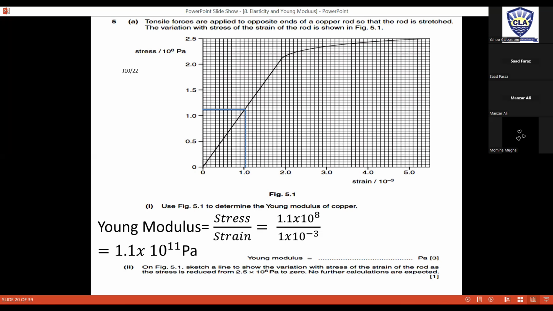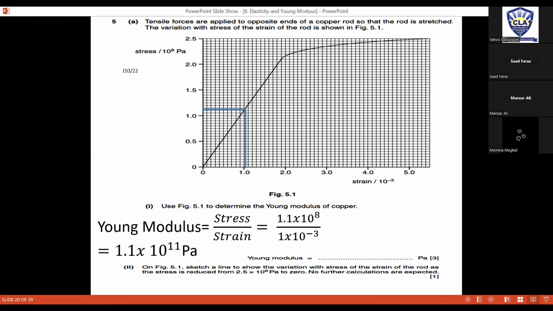Now it has extended from 0 onwards and the stress has reached 2.5 10 raised to power 8. If we unload it, reduce the stress to 0, there will be permanent extension. And in that case, we have to draw a straight line back.